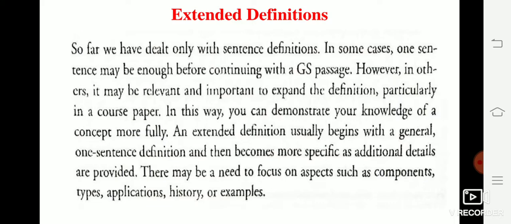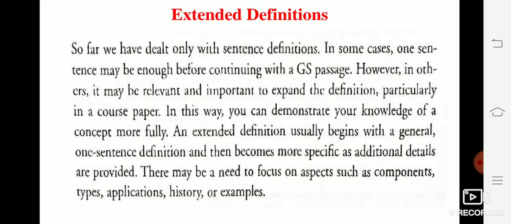So we have extended definition. Please look at here. So far, we have dealt only with sentence definitions. In some cases, one sentence may be enough before continuing with a GS passage, a general to specific passage. Passage means article. However, in others, it may be relevant and important to explain the definition, particularly in a course paper.